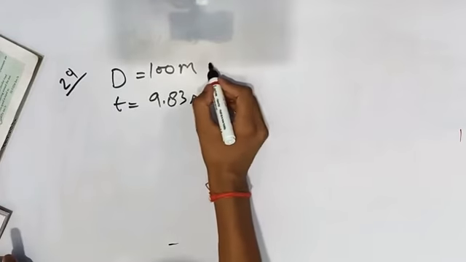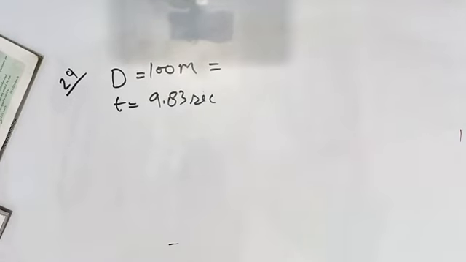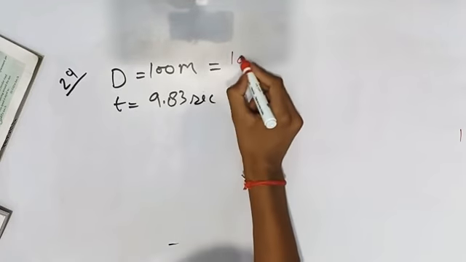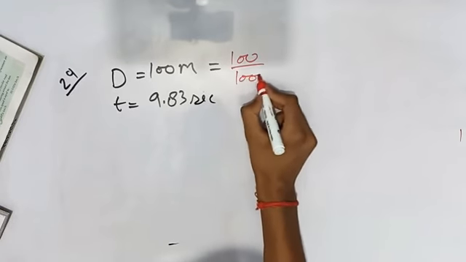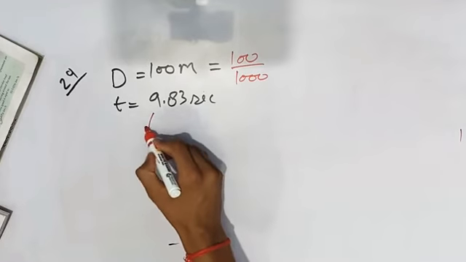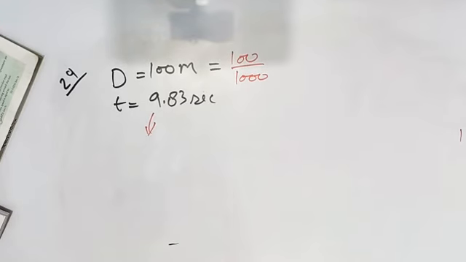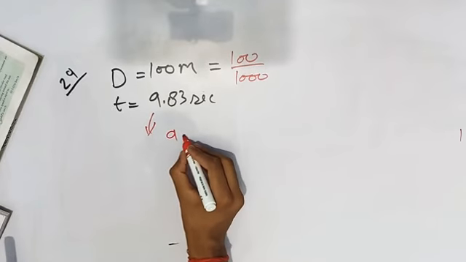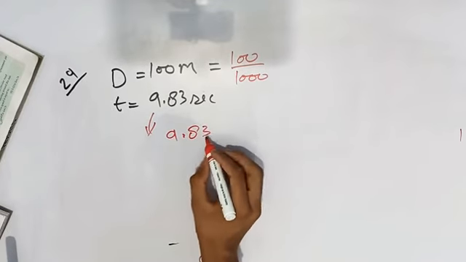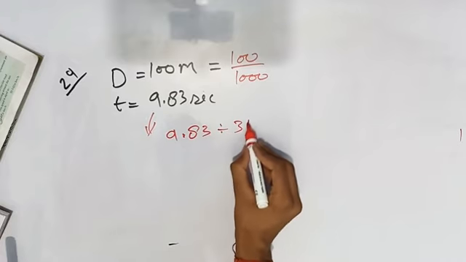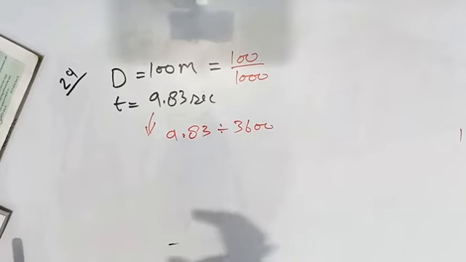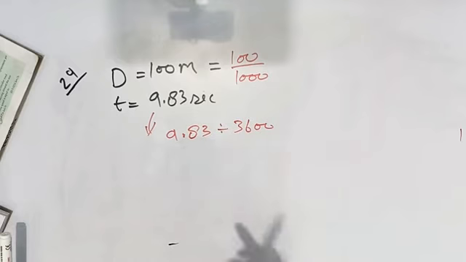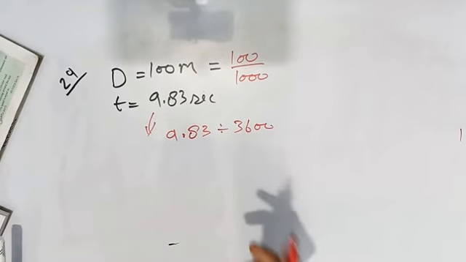First we will convert this 100 meter into kilometer, which we know is 100 upon 1000, and this 9.83 second we will first convert into hour. We will divide 9.83 by 3600 hour, since we know that in 1 hour there are 3600 seconds.